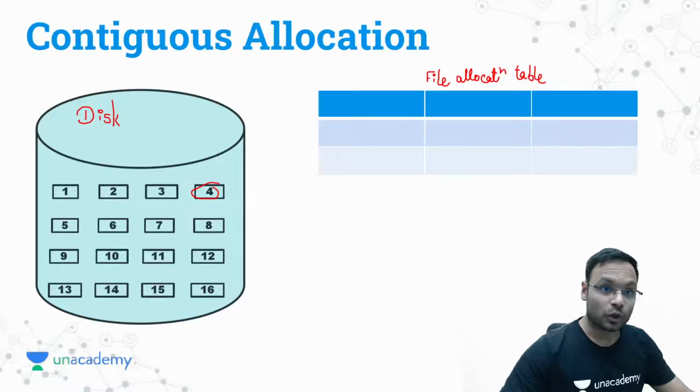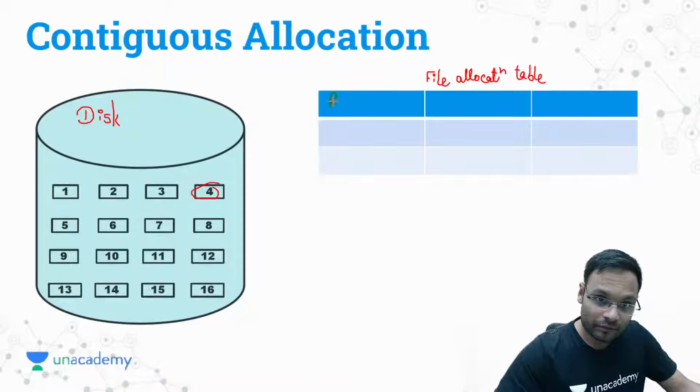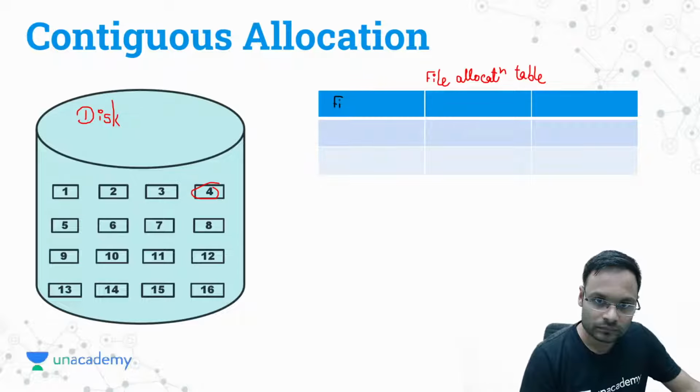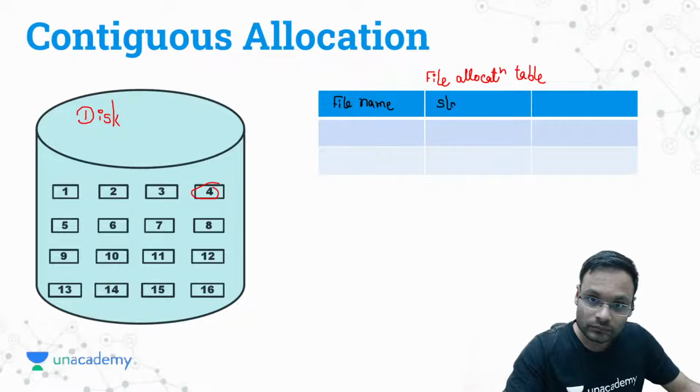In this file allocation table, what kind of entries will be there? First of all, the file name, then second the start block number, and third the number of blocks for the file.